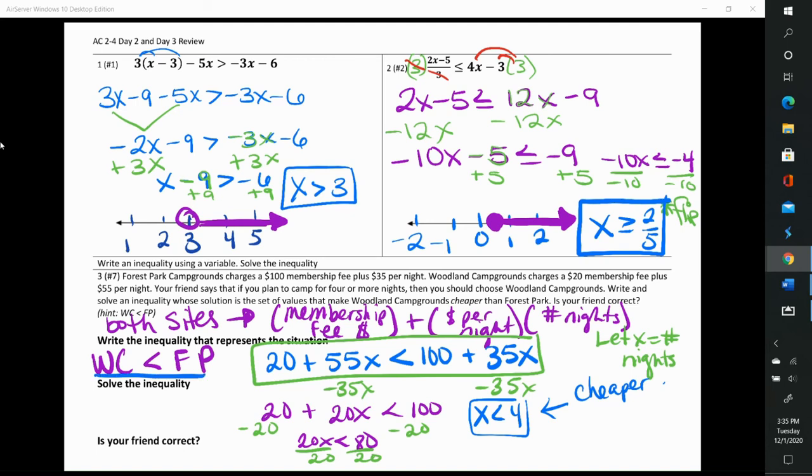So the solution would match how we set it up. It all depends how you set it up, but it told us to set it up this way so that woodland campgrounds would be cheaper than Forest Park. If you had something different, then when you interpret the solution, it would be different as well.